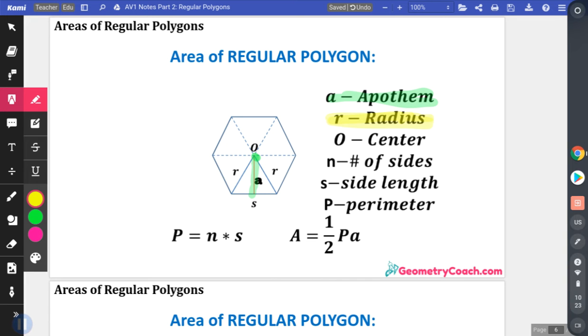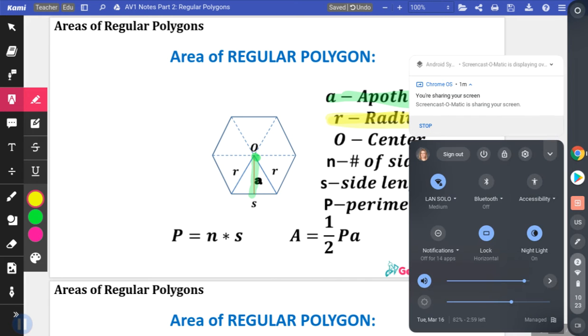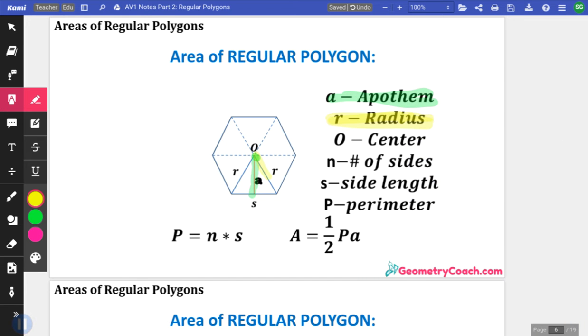It comes from the center to the vertex. So the apothem comes from the center to the side. The radius goes from the center to the vertex. The radius is always longest. Center, that one's easy. Just right there.